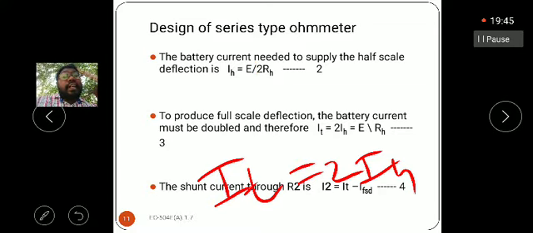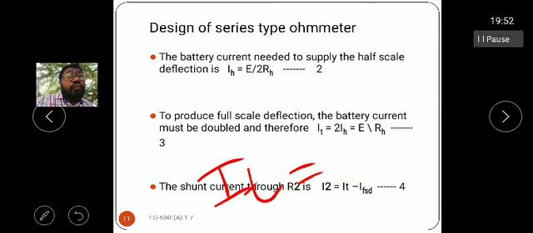The shunt current through R2, I2, is equal to the total battery current minus the full scale deflection current.